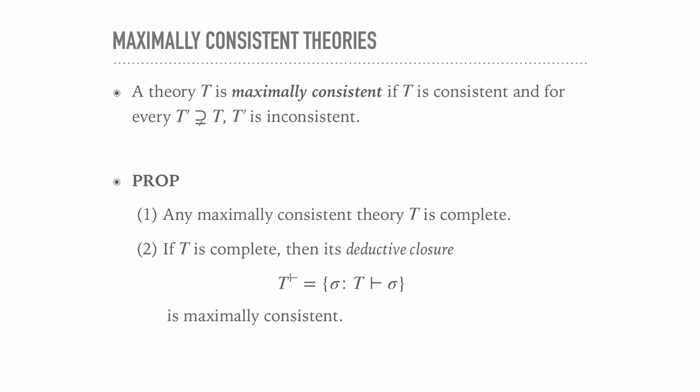Now you should definitely try to prove this yourself. There's essentially one fact you will need for this, and that's the following, namely that T proves the sentence sigma if and only if the set obtained by adding the negation of sigma to T is inconsistent.